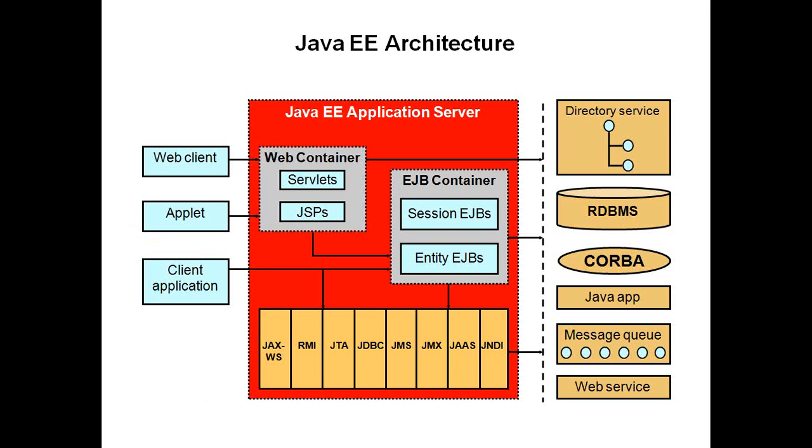A web client is something like a browser, as in the given example. An applet is a piece of code you can run on the browser, where a pop-up comes in and you can enter your credentials or information. And you do have a client application, for example on your machine. If you install Java, Microsoft software, or an antivirus, the antivirus is also an application that works with its own product functionality.